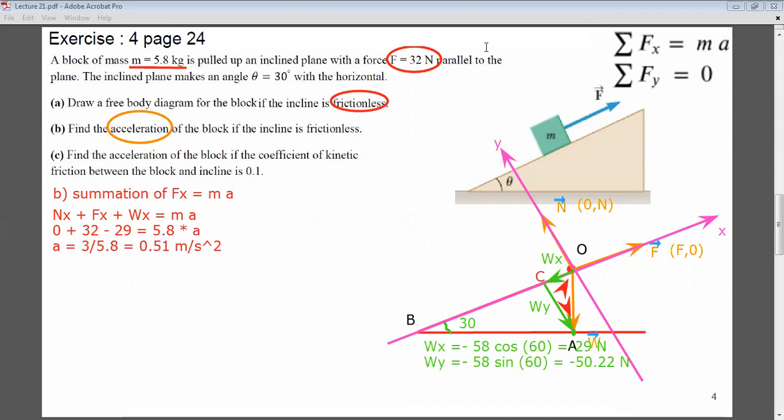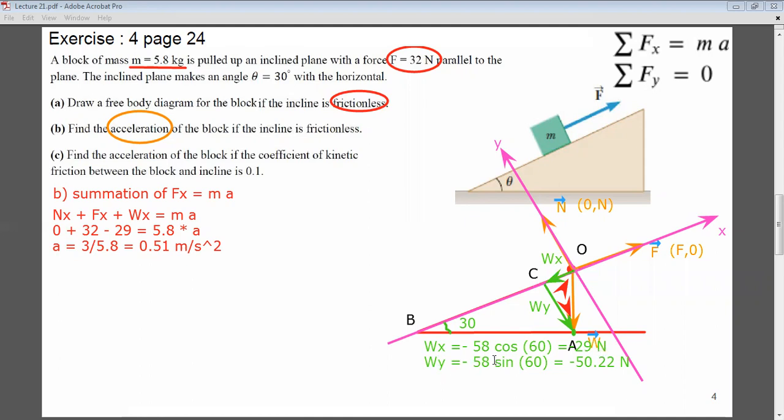If you look at triangle OCA, angle O is 60, angle C is 90, so angle A is 30. So when I calculated Wx and Wy, I used that Wx is opposite to angle 30, so it is W sine angle 30, but it will give you the same answer.